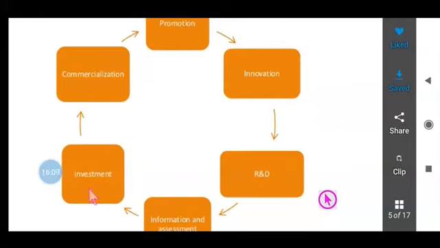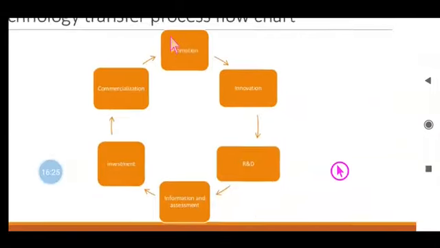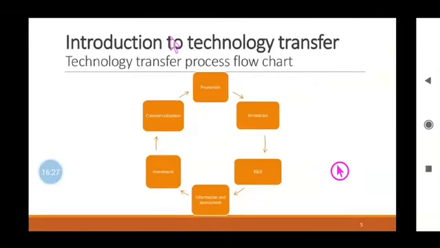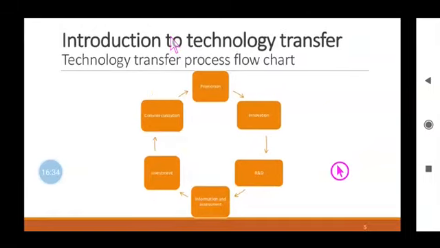And then the role of manufacturing companies will be there for commercialization of the new research project. So this is how technology transfer will have its role in successfully implementing the innovation into a product with commercial value.